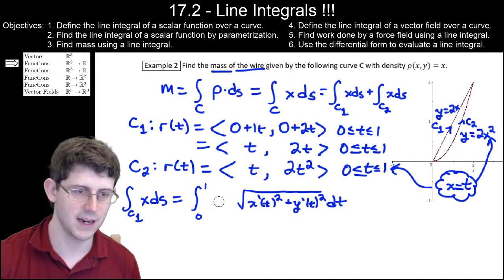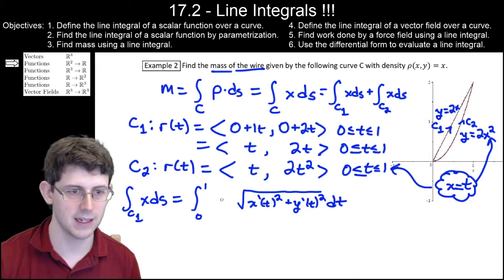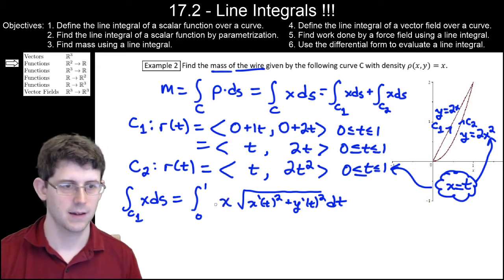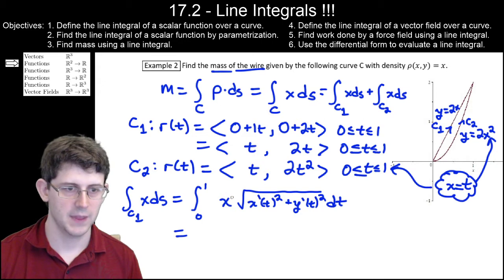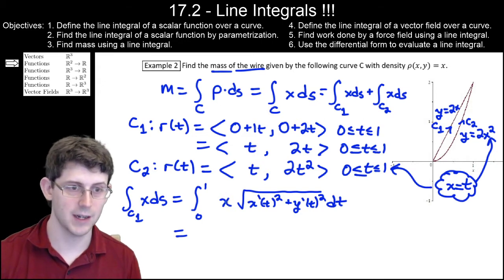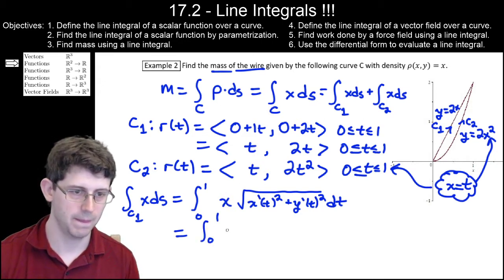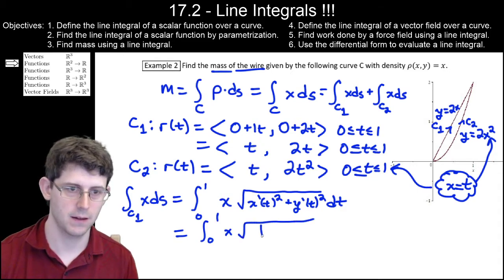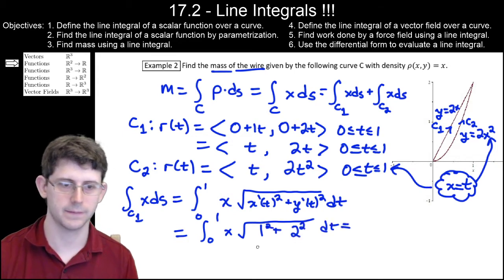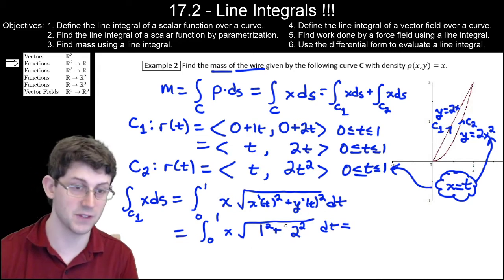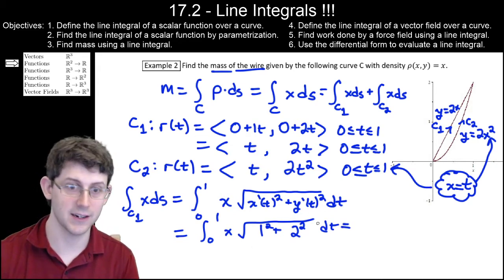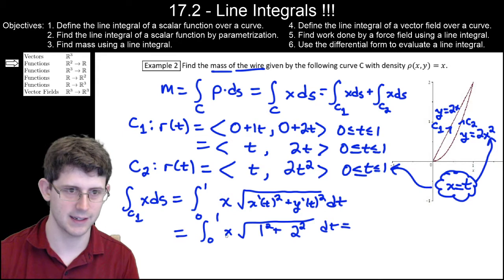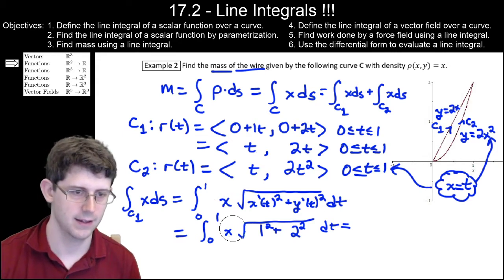Let's leave x here for now because it's kind of confusing otherwise. In the parameterization for C1, x equaled t. x prime was 1 and y prime was 2. So I just have a factor of square root of 5, and then I can integrate x. Wait, x? Oh, x equals t for C1.